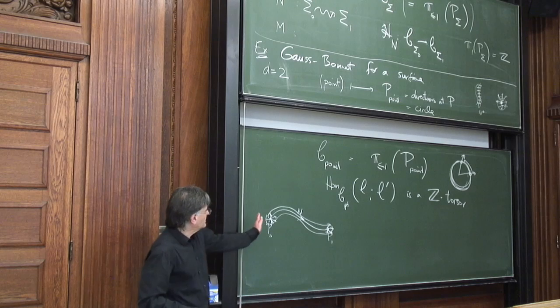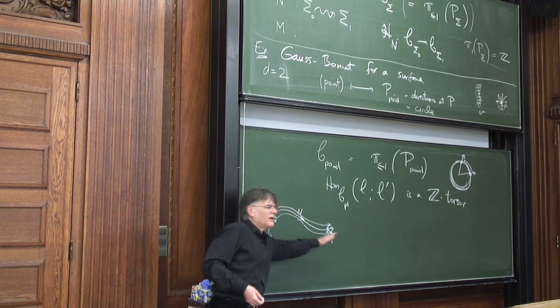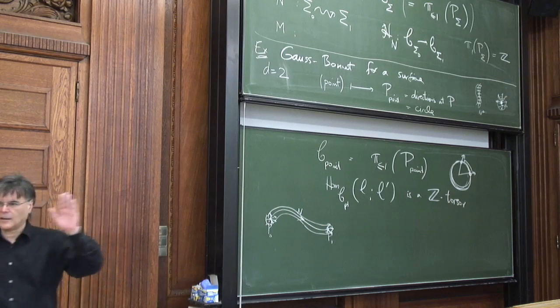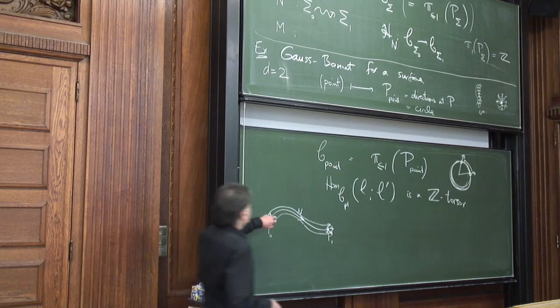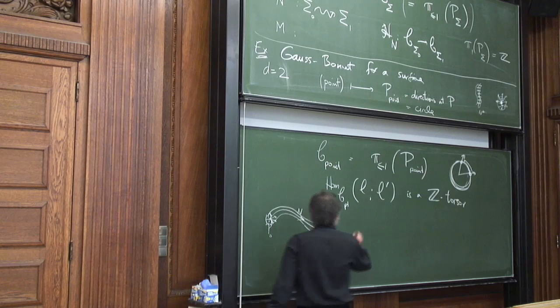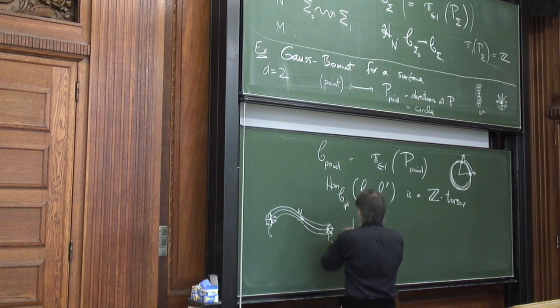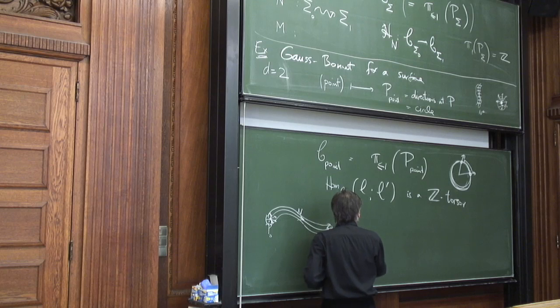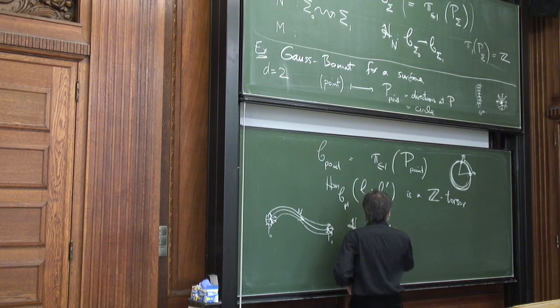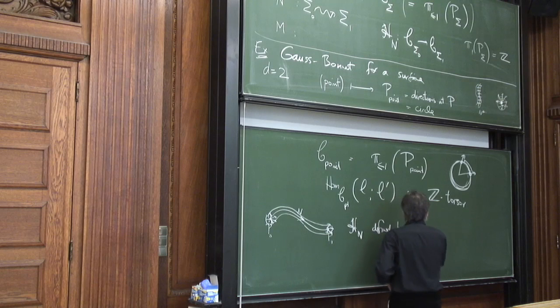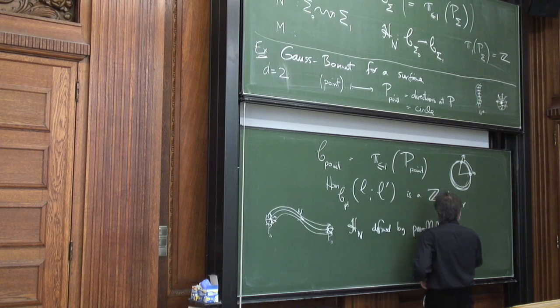So parallel transport on the surface defines a map from the directions at the beginning of the path to a direction at the end of the path, and hence defines the map. So H_N is defined by parallel transport along path N.